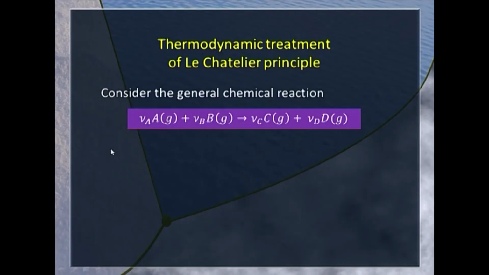If we try to understand the Le Chatelier principle from thermodynamic treatment, we have to look at this equation where the reactant with a stoichiometric coefficient nu A reacts, having A gas, nu B B, nu C C and nu D D. These are the two reactants and two products having nu A, nu B, nu C and nu D as the stoichiometric coefficients.